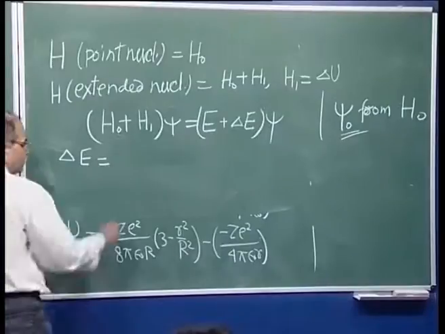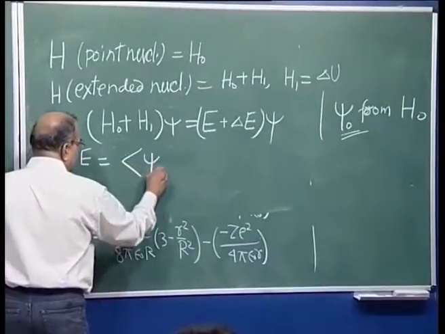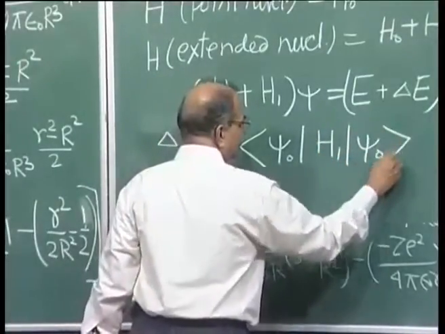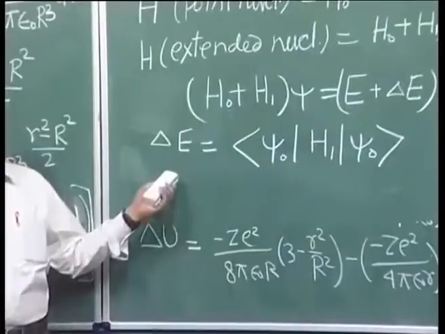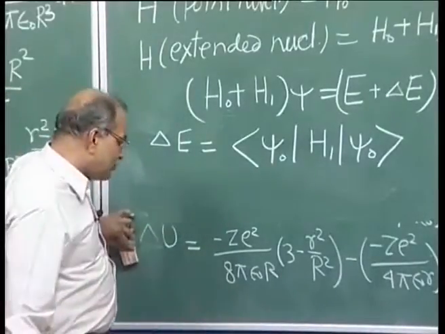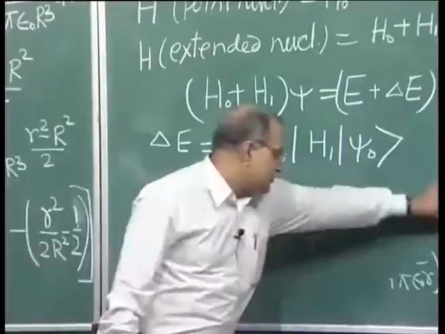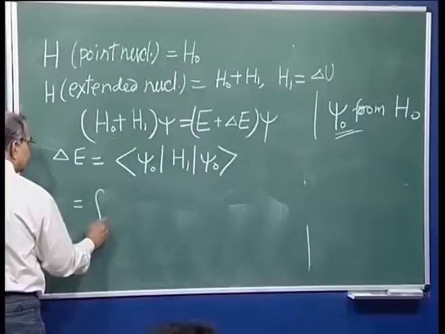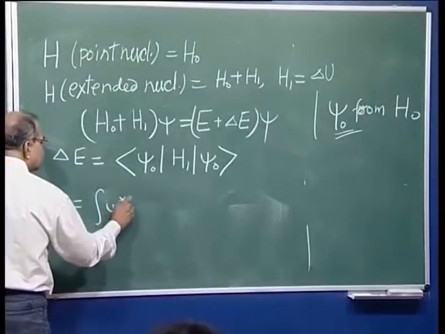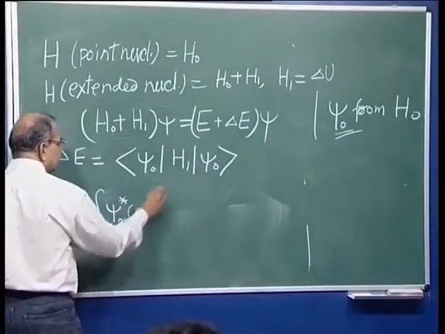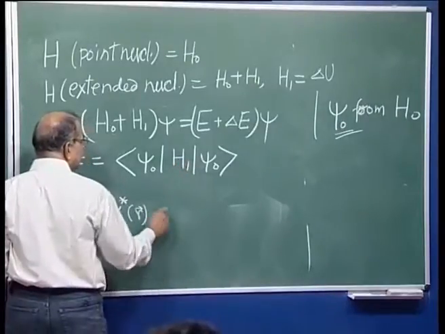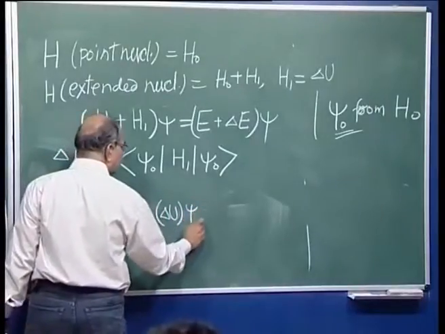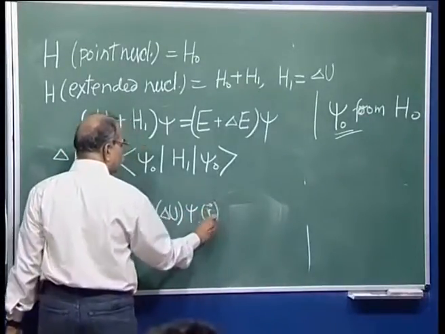which is psi naught here, this H 1 here, and psi naught here. Remember that? Okay. And what does this mean? This is the integral of psi naught star, then this operator H 1, which here will be just the delta U that I have calculated, and psi naught of r, d tau.